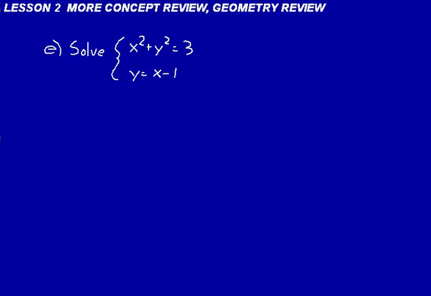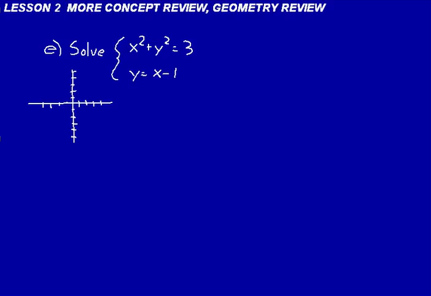This is a non-linear system of equations. Maybe you recognize that bottom equation as the equation of a line. The top one may not be quite as familiar to you, but hopefully you remember that's the equation of a circle. So let's use our Cartesian coordinate system. That's where we mesh algebra and geometry together. And let's just kind of draw a picture of what we're doing here that will help us to determine what our answers might be.